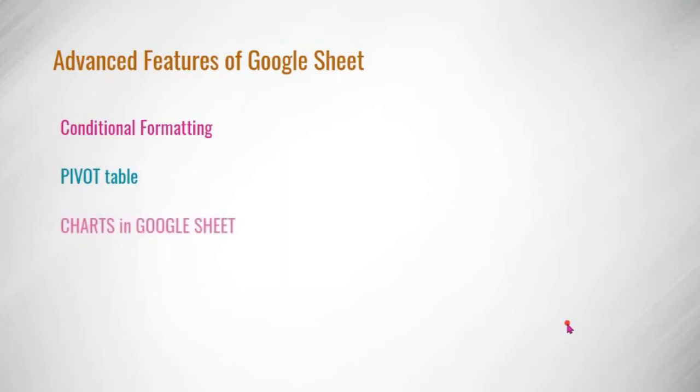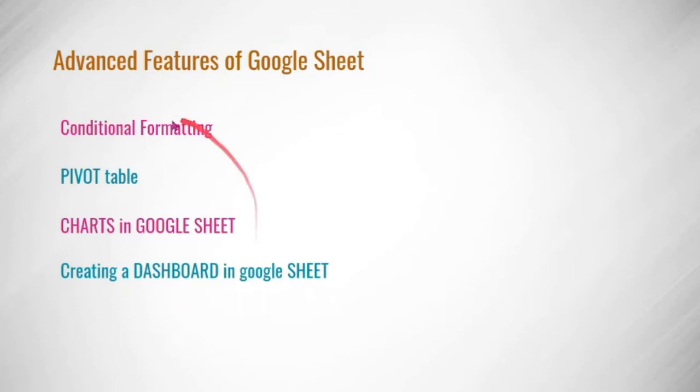Once we are done with those functions, then we will move to learn some advanced features of Google Sheets, like conditional formatting, pivot tables, charts in Google Sheet, and creating a dashboard in Google Sheet. All these different concepts are actually built upon the concept of Google Sheet functions.